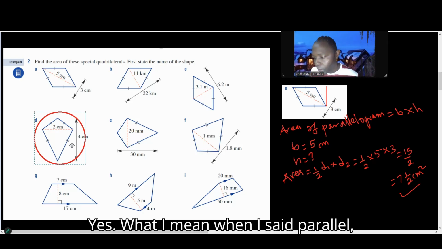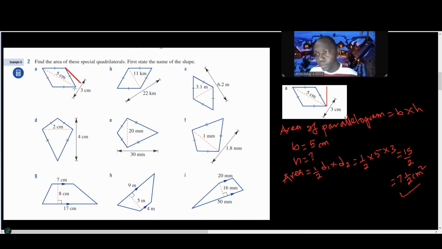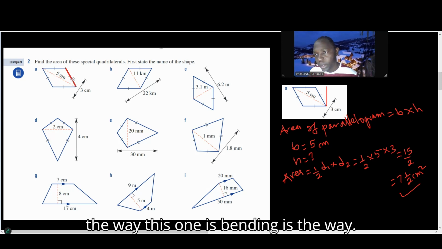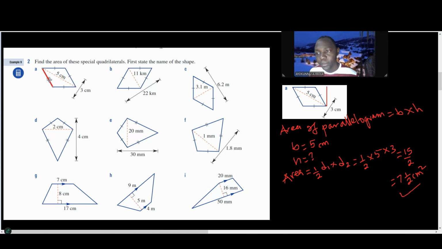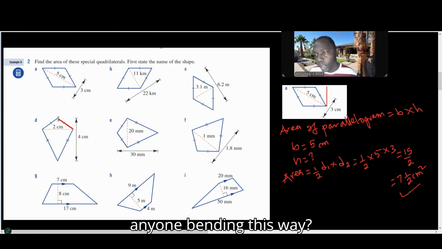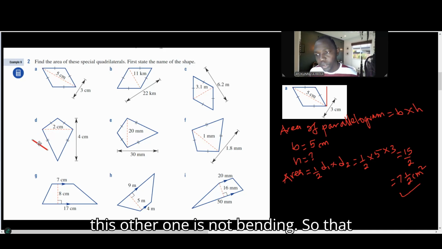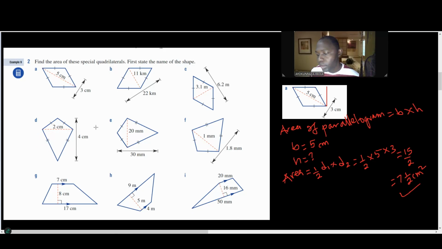What I mean when I said parallel, please look at it again. The way this side is bending is the way this one is bending. But if you look at this one, is there anyone bending this way? No, this other one is not bending. So that doesn't qualify.